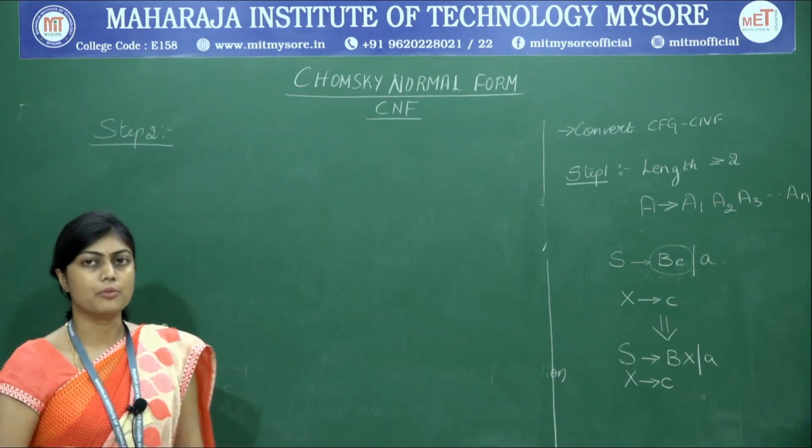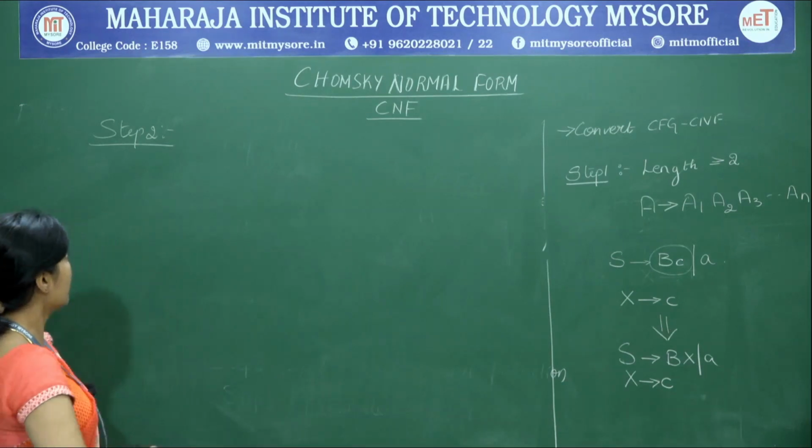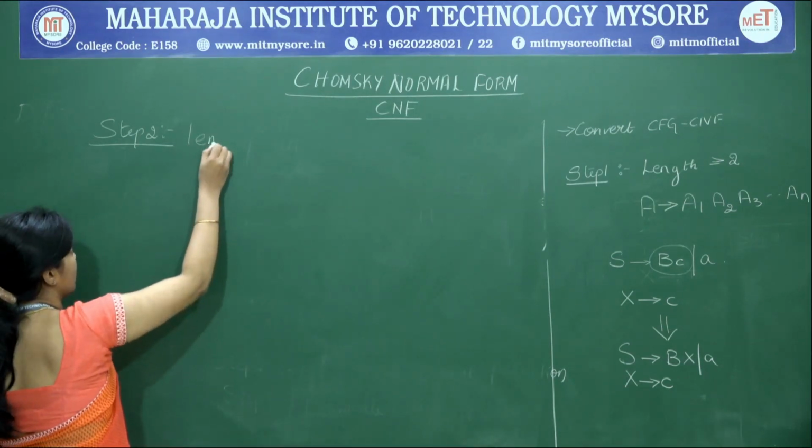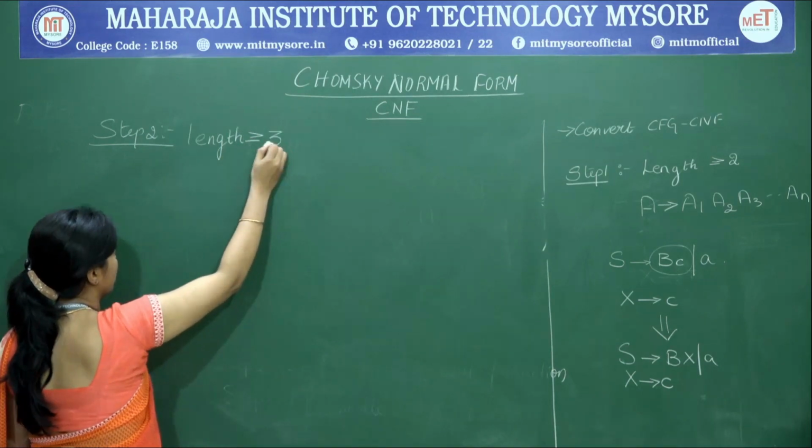In step 2 of converting the CFG to CNF form, we are going to consider every production of length greater than or equal to 3.